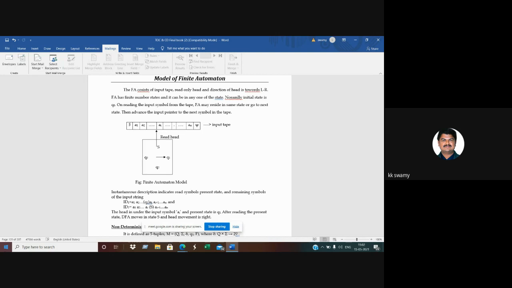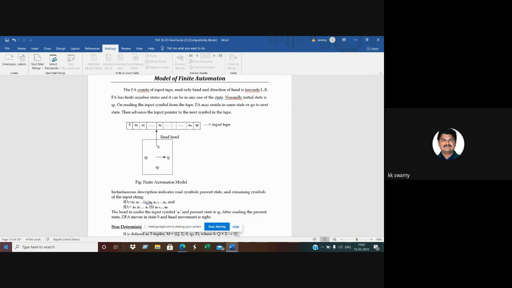Non-deterministic means it leads to some confusion. When there is no path, or more than one path to reach the same destination, you get confusion. If such kind of transitions are there in any machine, that is called non-deterministic finite automata.